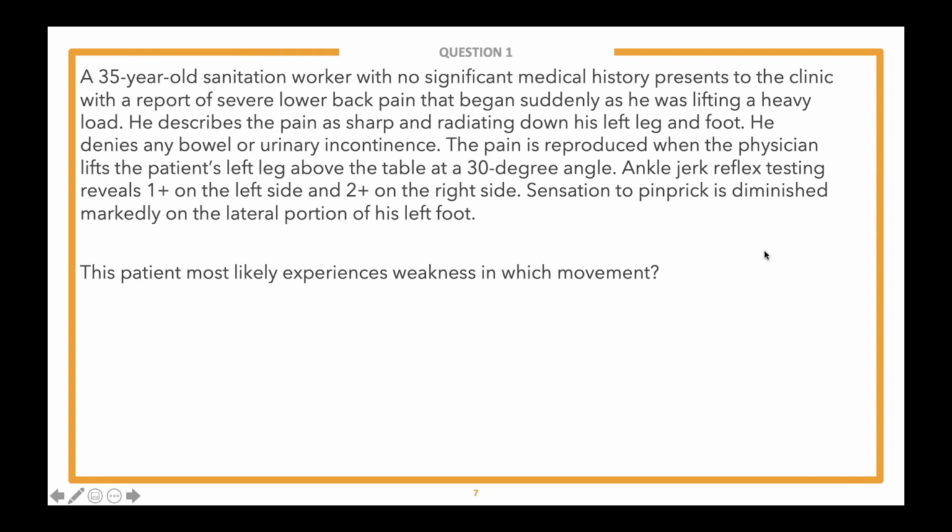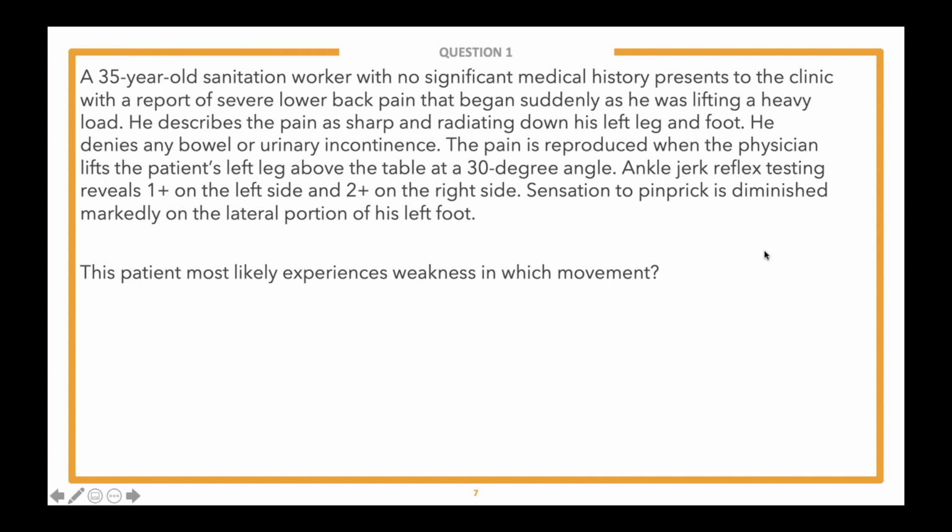A 35-year-old sanitation worker with no significant medical history presents to the clinic with a report of severe lower back pain that began suddenly as he was lifting a heavy load. He describes the pain as sharp and radiating down his left leg and foot. He denies any bowel or urinary incontinence.